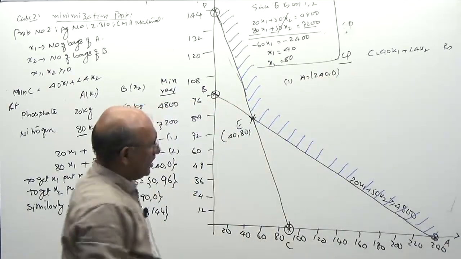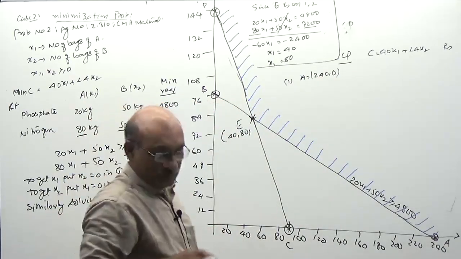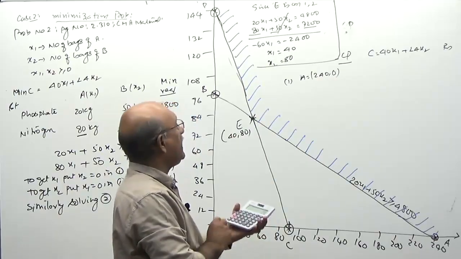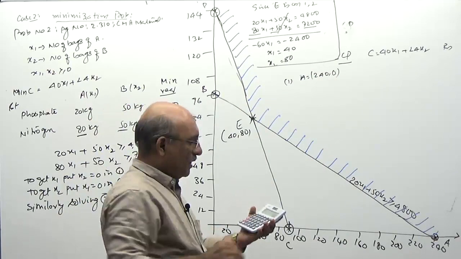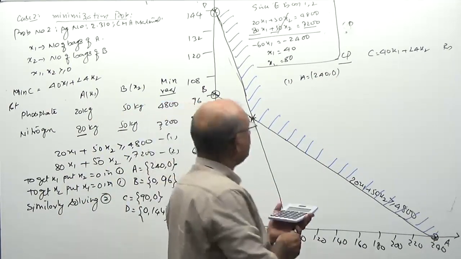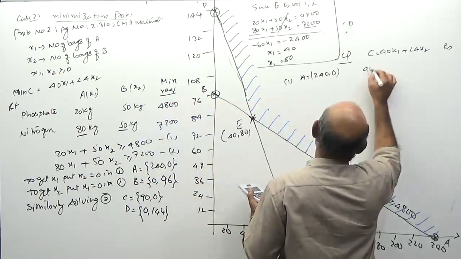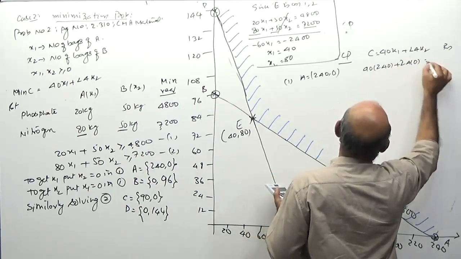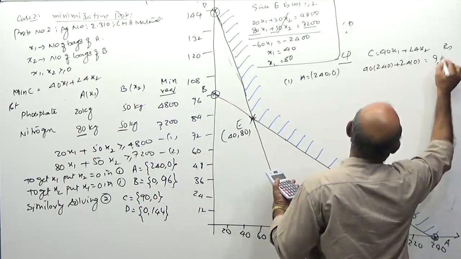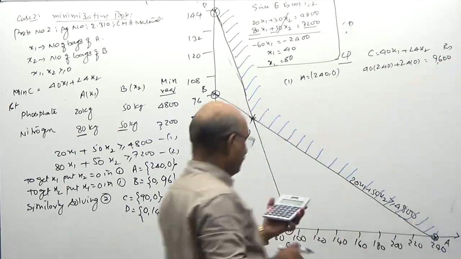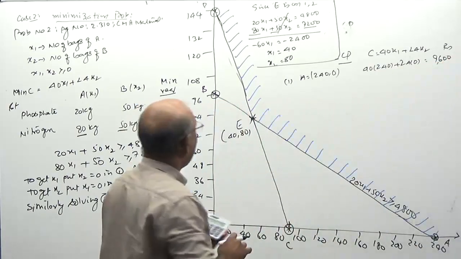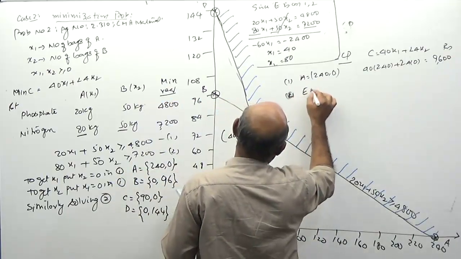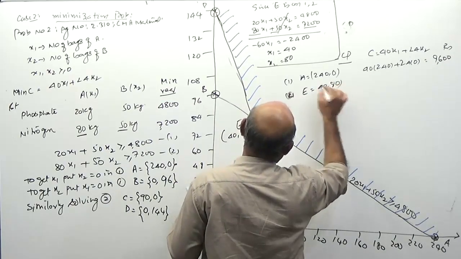So this is 40 into 240 plus 24 into 0, which is equal to 9600. Second one, 40, 80. This is the second point E.